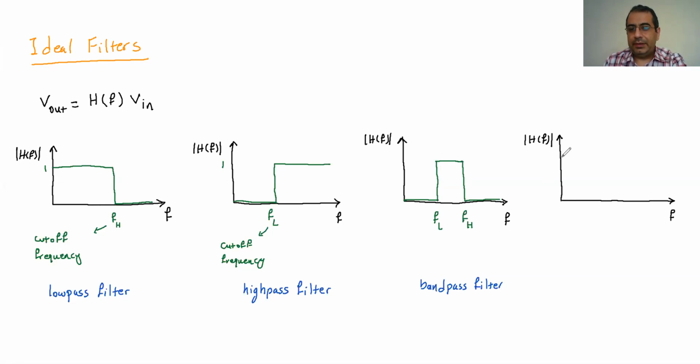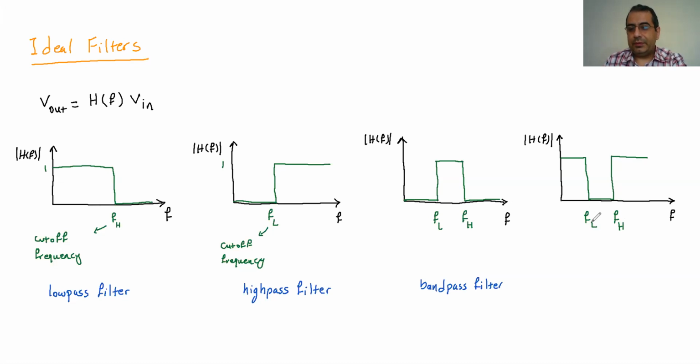So it's going to stay 1 until we reach FL, then it goes down to 0, and then it stays 0, then it goes back up, and then it stays 1. So this one is FL, and this one is FH.